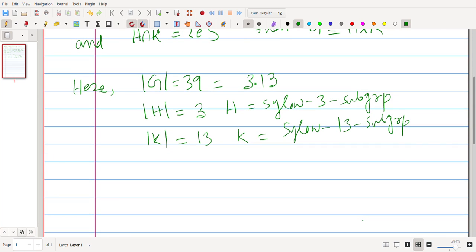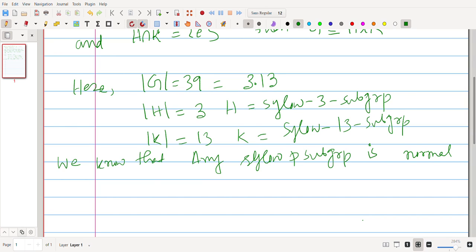We know that any Sylow subgroup is normal if and only if it is unique. Hence here H and K both are normal.